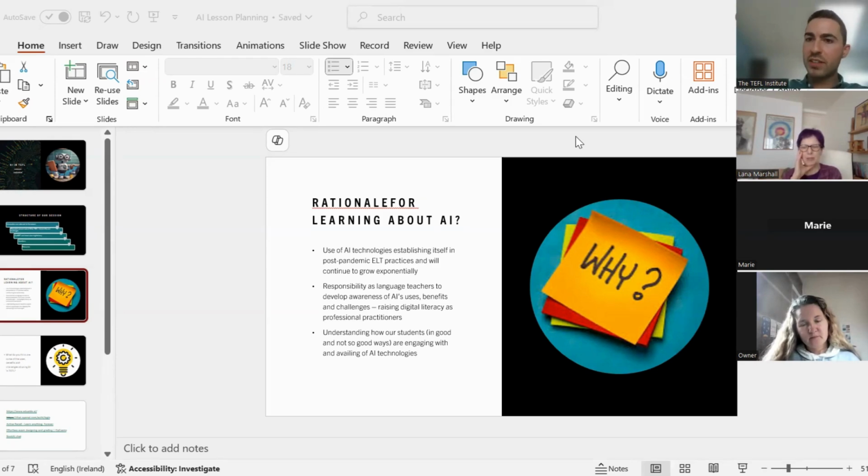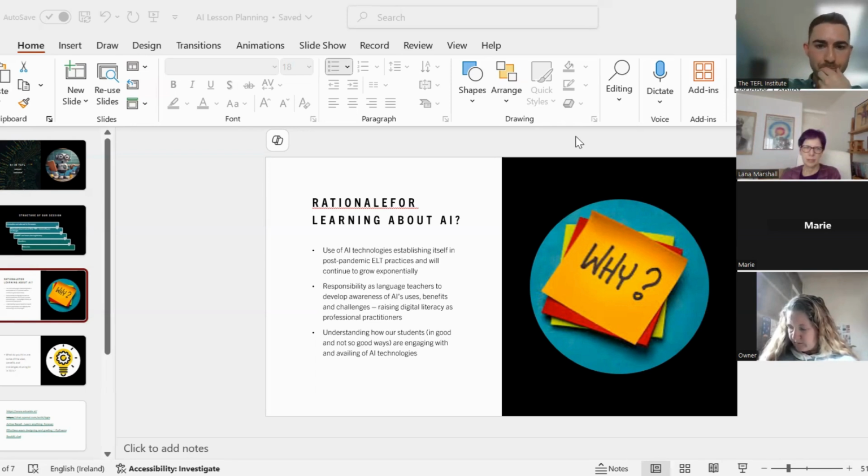And we call this whole idea of raising our digital literacy as professionals. Digital literacy essentially means how proficient we are in the use of technology in general and specific technologies for teaching purposes.